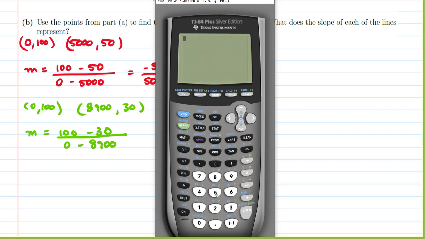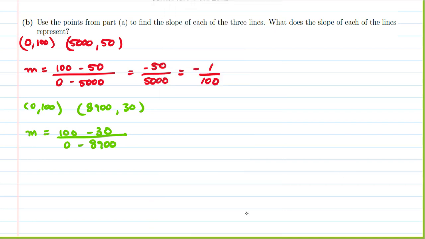And let's see, the slope for the green line is, to get our fraction, 100 take away 30 over 0 minus 8,900, and we get negative 7 over 890.